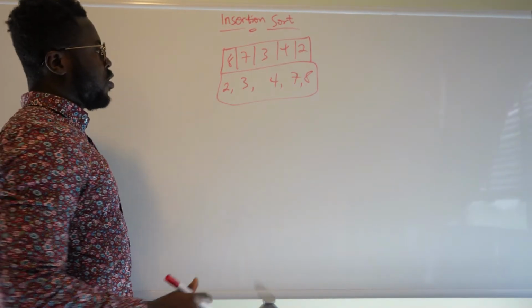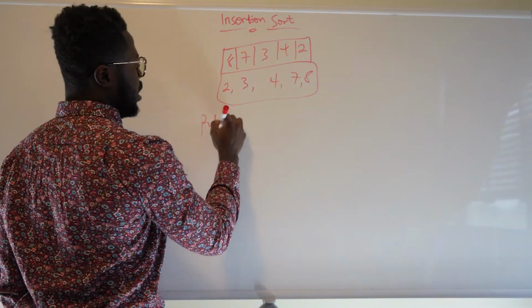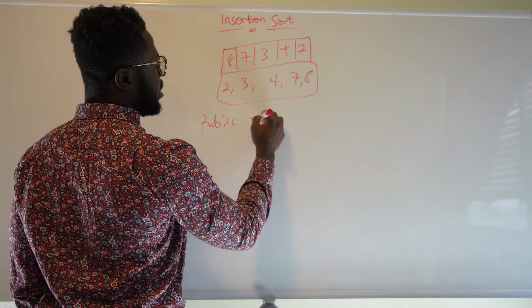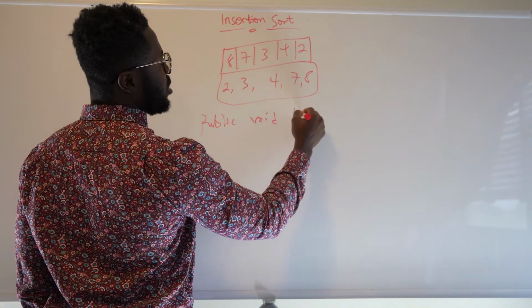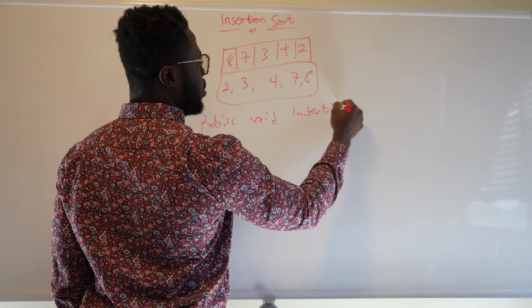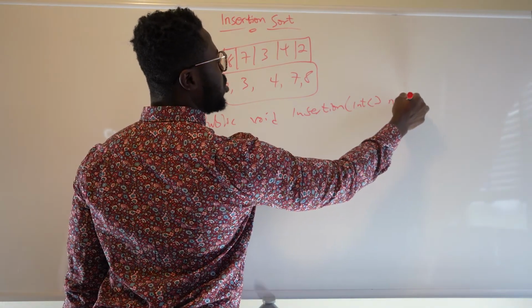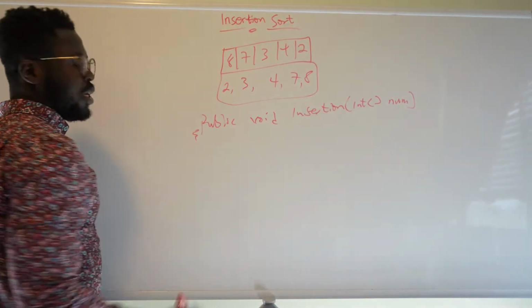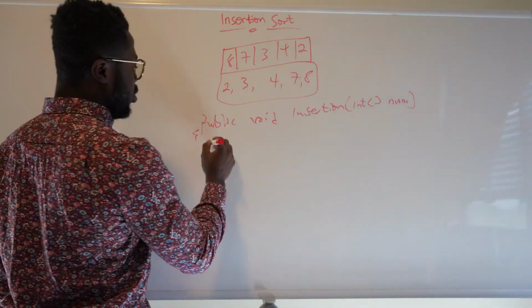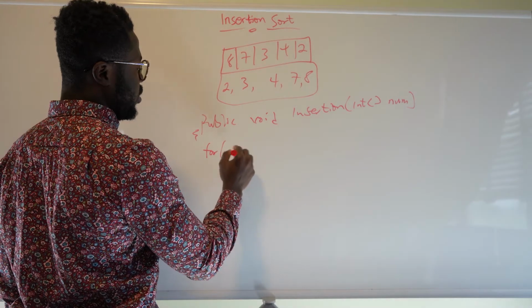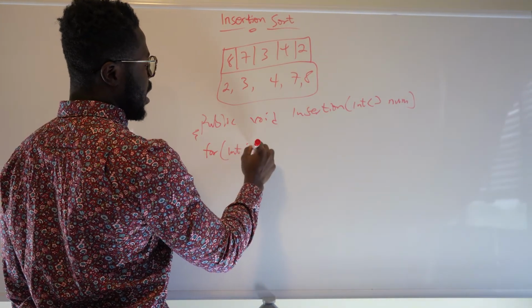The algorithm for the insertion sort is pretty much straightforward. So insertion, you have your array that will be given to you. Then you just loop over it, which is i equals 1.